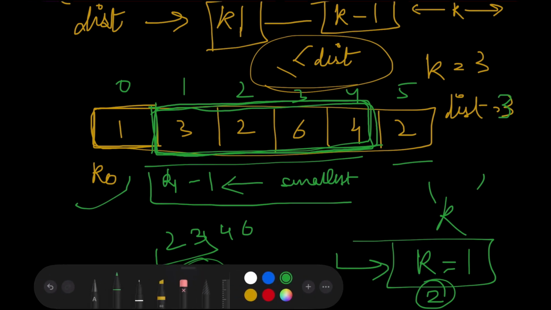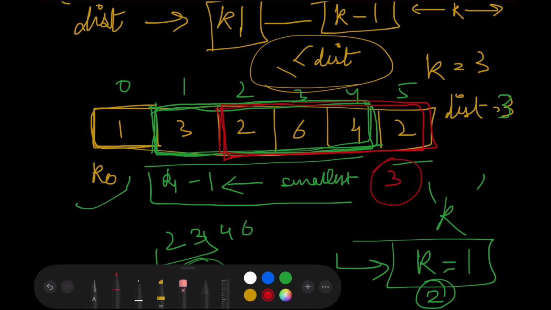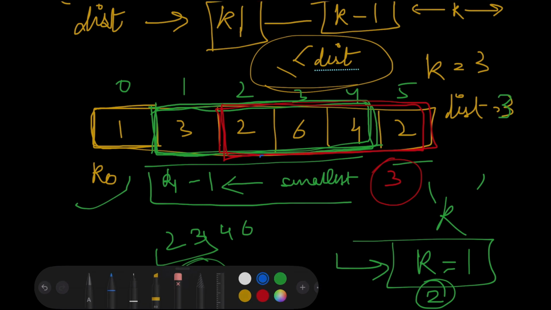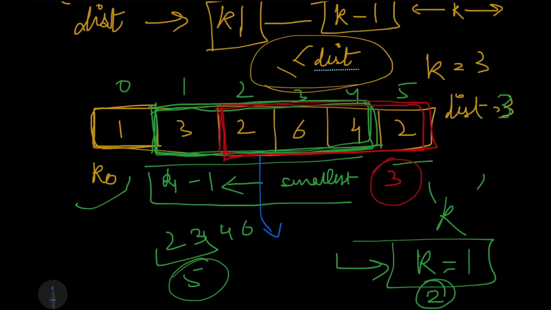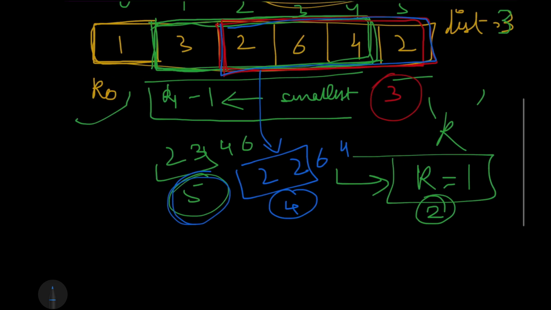Its sum is 5. Now we can move our window from here to here, because here the distance is also 3. Now we'll sort these numbers again. After sorting the numbers will be 2, 2, 6, and 4. Here the sum of the smallest is 4, which is obviously less than 5, so we will take this as our final answer.